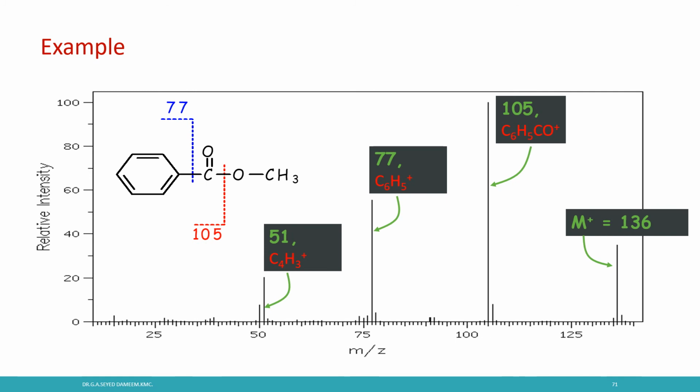So these are the ions formed on fragmentation of methyl benzoate. The peak at m/z 136 is the molecular ion peak, and the peak at 105 is the base peak. Other peaks are daughter ion peaks.